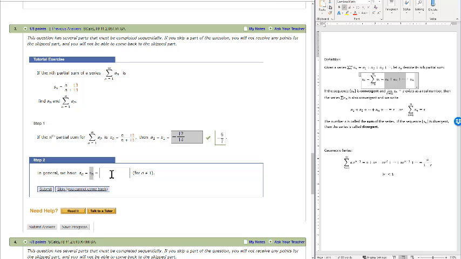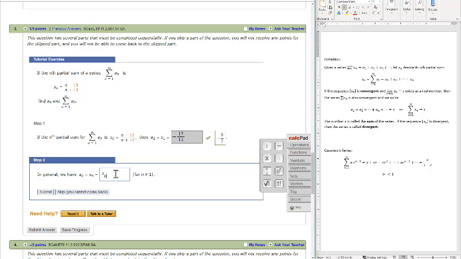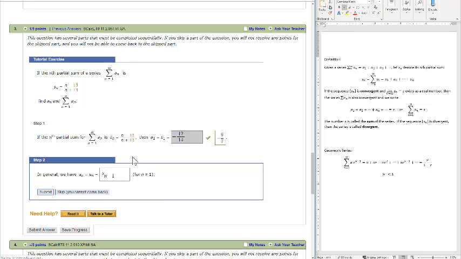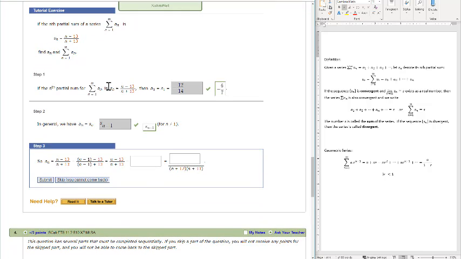So by adding up all the terms up to n minus 1, we're really looking at the partial sum up to n minus 1. So it looks like we can leverage this formula that they gave us by putting n minus 1 in here and subtracting it from s sub n. So this is s sub n minus s sub n minus 1.